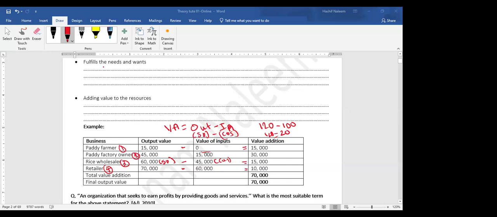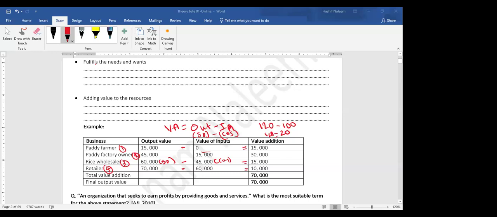So shall we write? For fulfilling needs and wants, take it down.